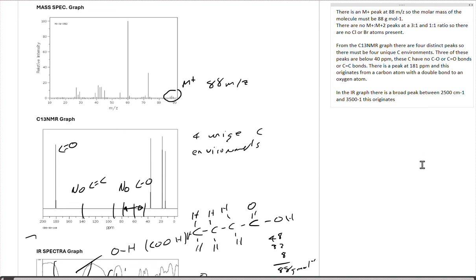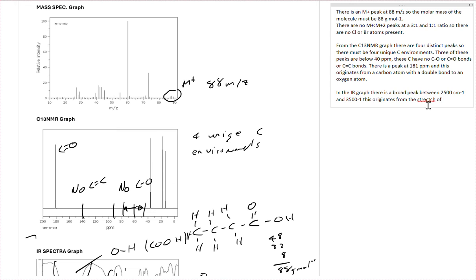This originates from the stretch of an oxygen to hydrogen bond in a COOH functional group.